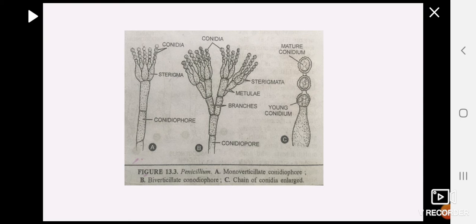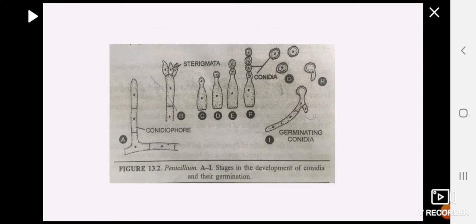Now I'll explain how a conidium is formed. So you can see here the conidiophore is a vertical branch rising from the vegetative cells, and at the tip of this conidiophore there is a cluster of sterigmata.